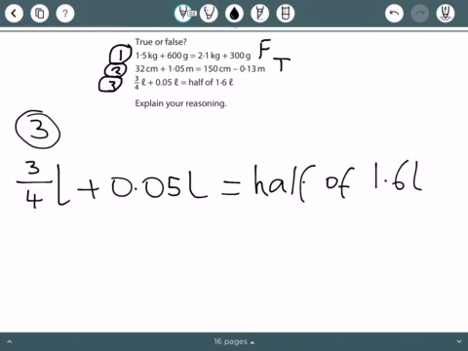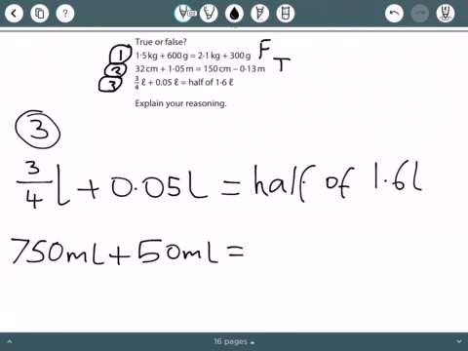Well, in a litre there's 1,000 millilitres, so 3/4 of a litre, 3/4 of 1,000 is 750 millilitres. If we add that then to 0.05 litres, that is 50 millilitres, is equal to half of 1.6 litres. Well, 1.6 litres is the same as 1,600 millilitres, and half of 1,600 millilitres is 800 millilitres.